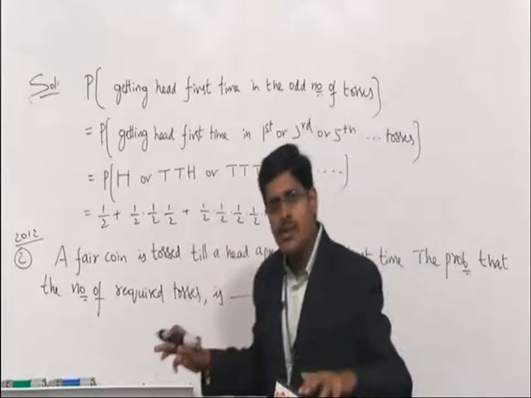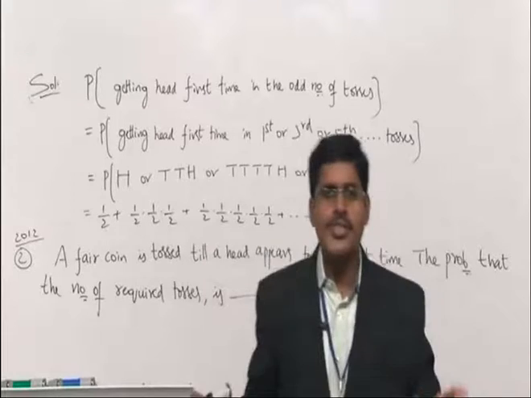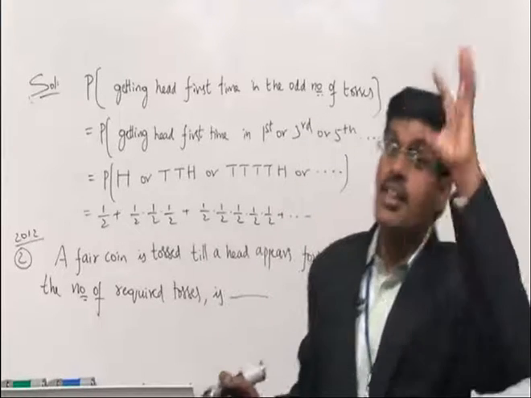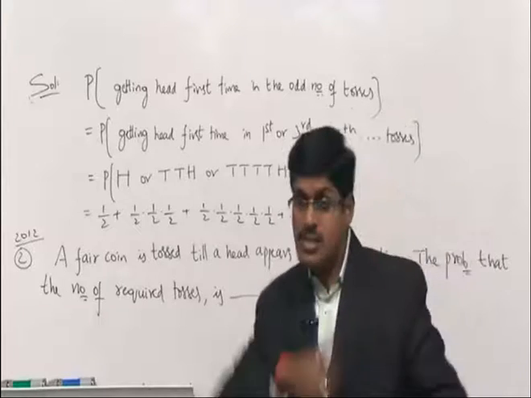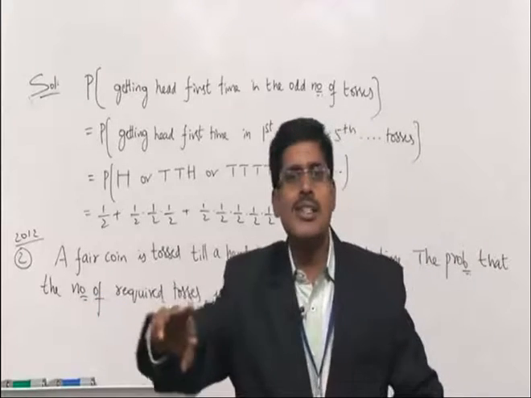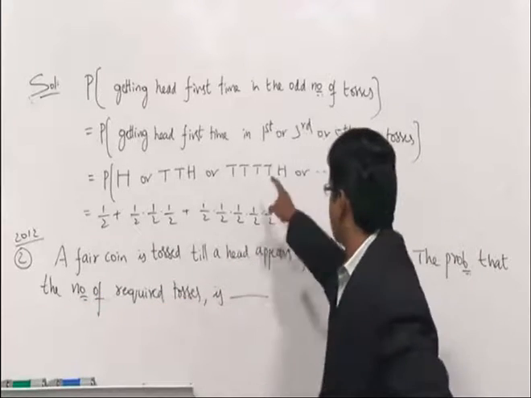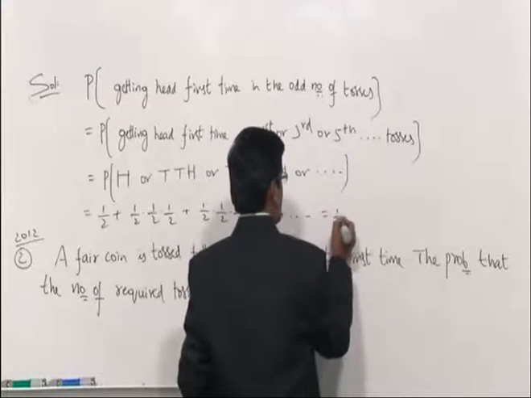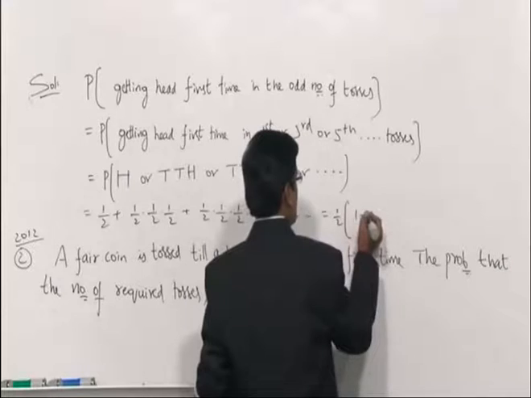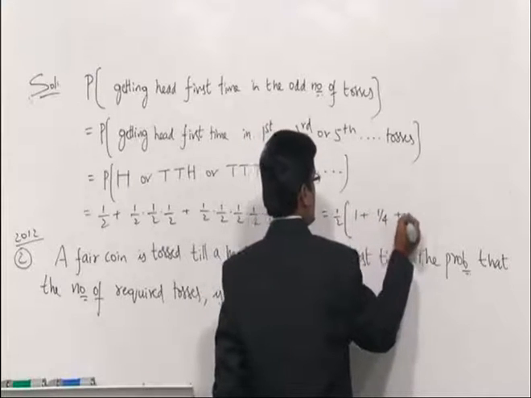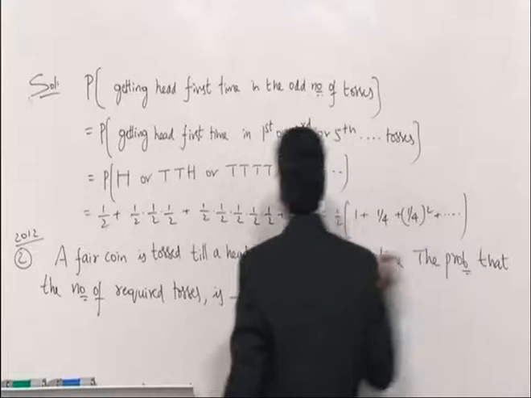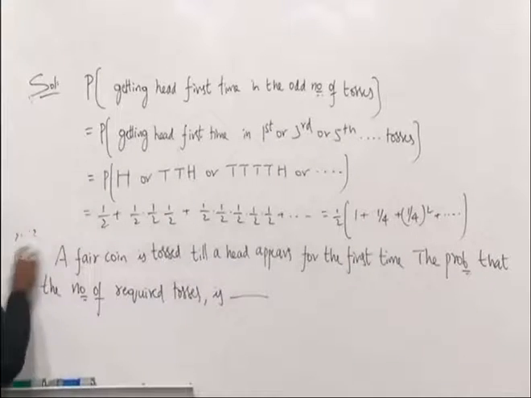Suppose the third time also gives tail, then we look for the first head in the fifth toss. That means all the previous 4 tosses give tails. That is TTTTH, like that. So in all this, I can take 1 by 2 common and the remaining 1 plus 1 by 4 plus 1 by 4 whole square, like this, an infinite geometric series.